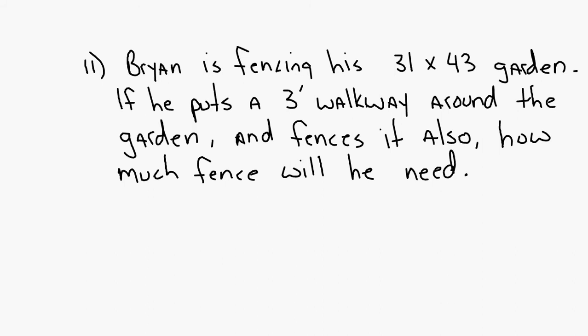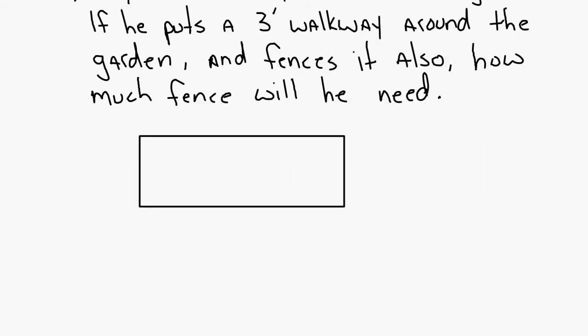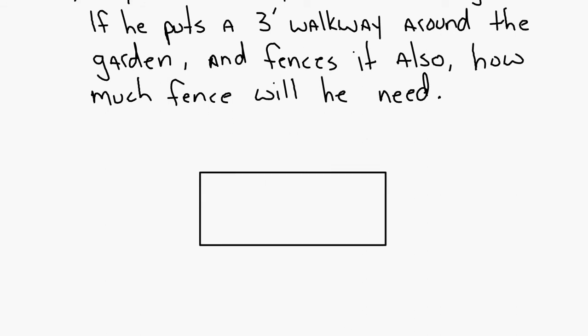Okay, the best thing to do on this problem every time you see it, because I've seen this problem a bunch of times, is to draw a picture of it. So it's a rectangle, right? You got this rectangular garden. It starts off 31 by 43.